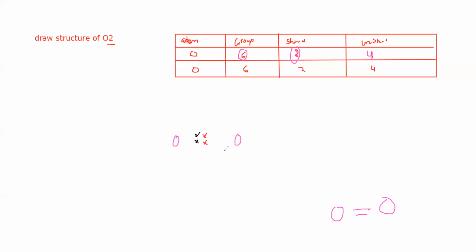So between them, there are 4 electrons. Why are there 4 electrons? 2 because of one oxygen and 2 because of the other oxygen. And unshared are 4, the ones which are not involved in sharing. So they are on the oxygen atom. Is it clear?